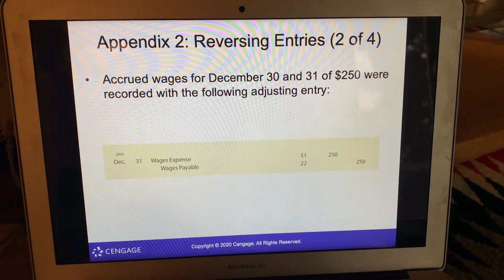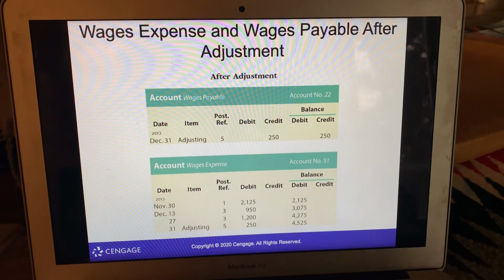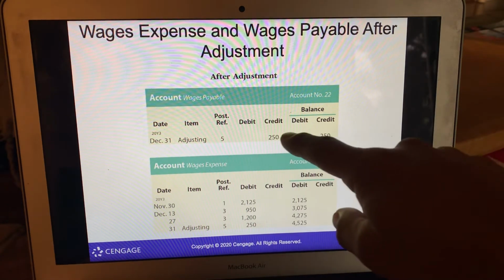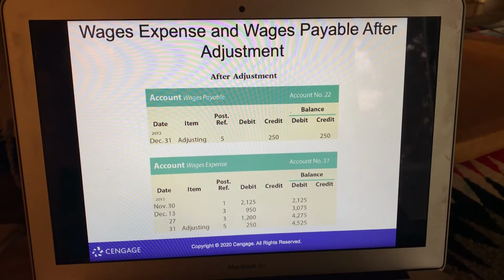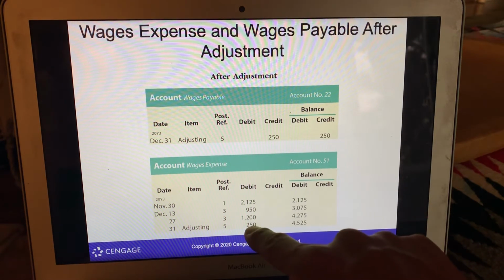So accrued wages for December 31 of 250 are recorded with the following adjustment: wages expense 250, wages payable 250. Okay, so we'll reverse that, and there it is. There's the adjustment, credit, and then wages expense down here, adjustment 250.